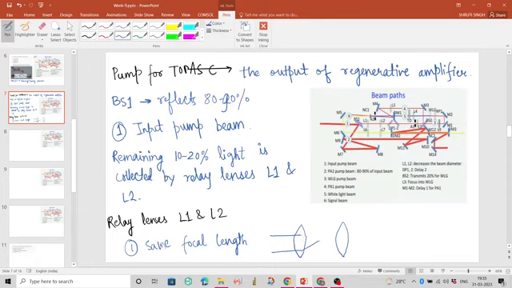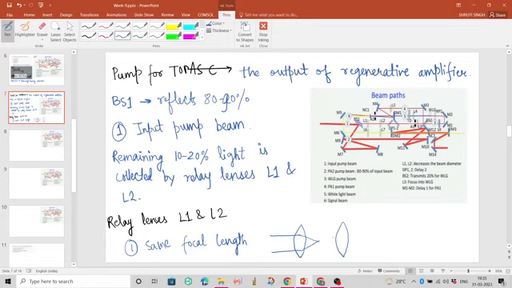Since these two lenses have the same focal length, this is the focal length of this one and this much is the focal length of the other lens, and these two are kept at a distance such that their focal lengths match each other. So this is the focal length for this lens and also for this lens.